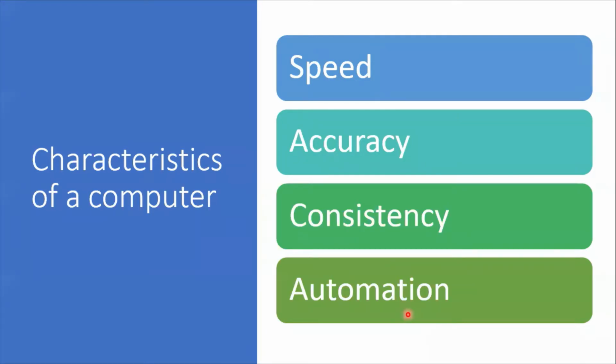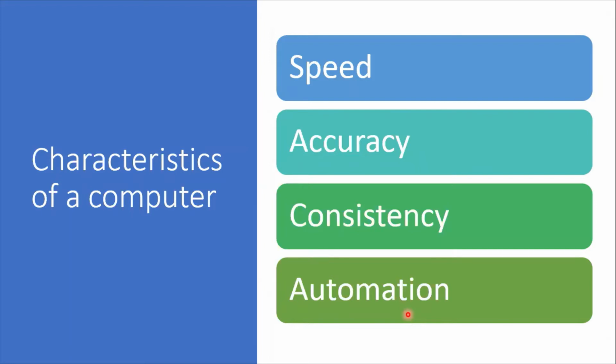If you see a queue, that means something is lagging in automation. If your computer is automated well, then you can even shut down your computer without your intervention. That much automation is there.